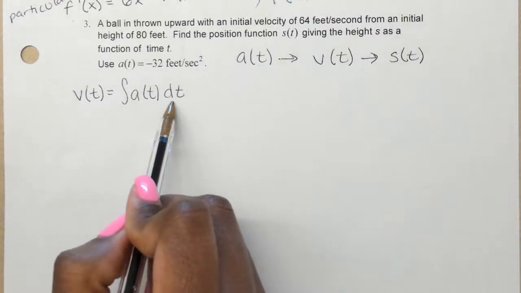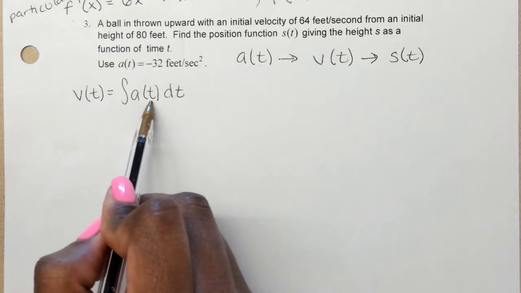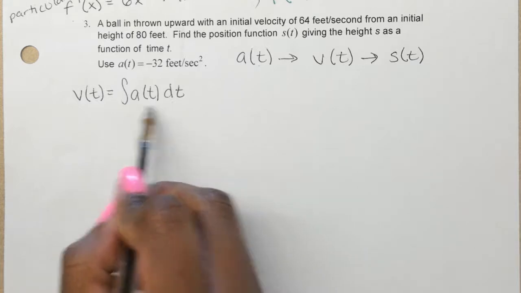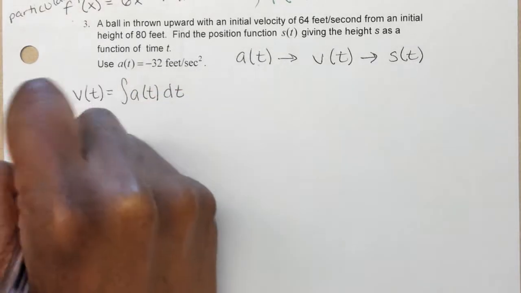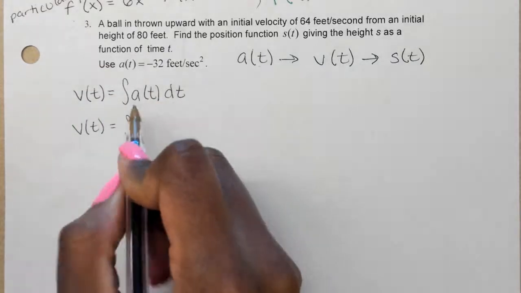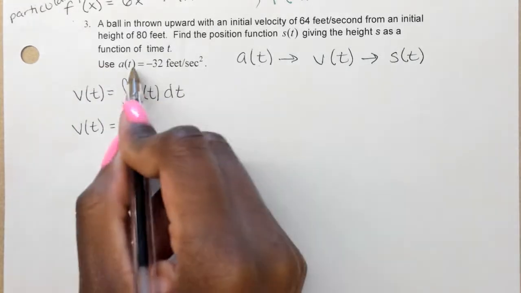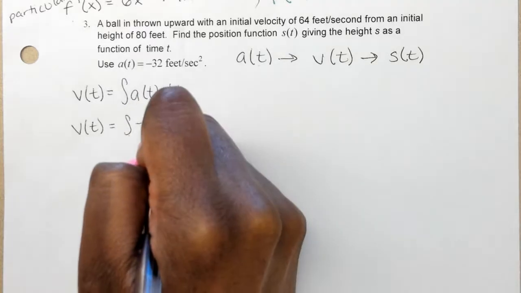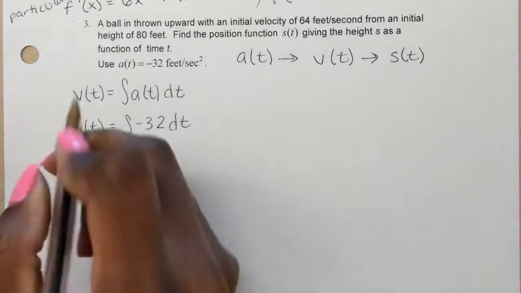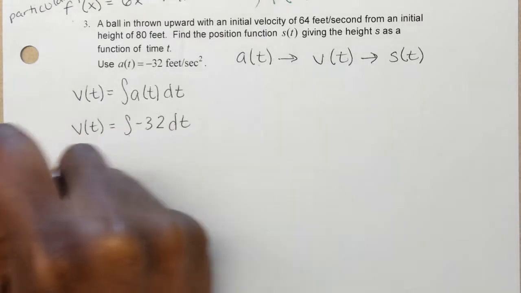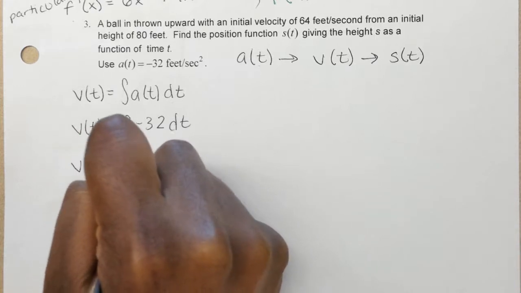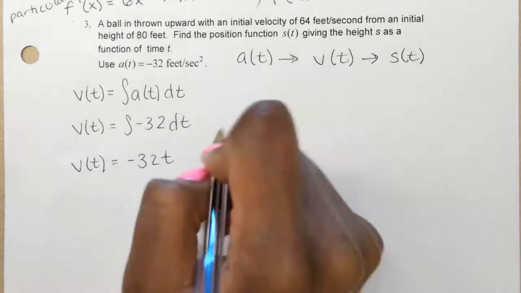Right, so this now becomes dt because our function is in terms of t, not in terms of x. So the integral of a of t we know is negative 32 dt. So if we were to anti-differentiate that, we know v of t is going to equal negative 32 t plus c.